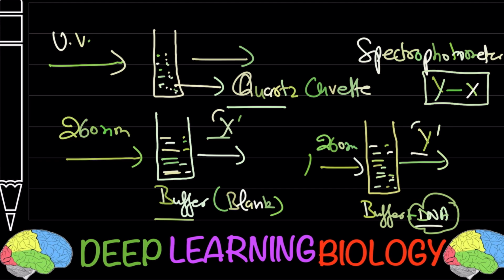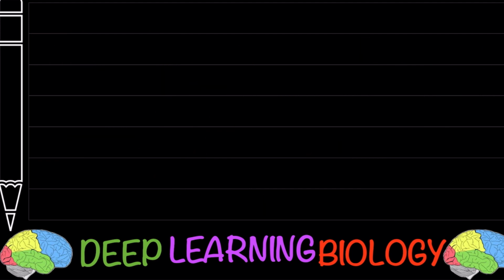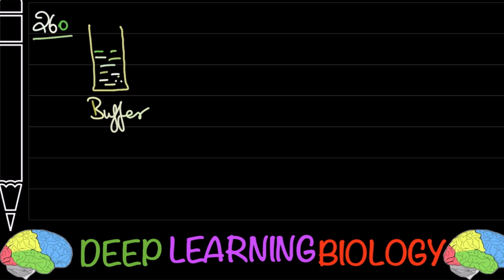Now, you know very well, most of the times nowadays we are going to have spectrophotometers, and generally what we do nowadays is prepare one blank. Remember this blank is going to have only the buffer. Here we are going to use 260 nanometer wavelength light.